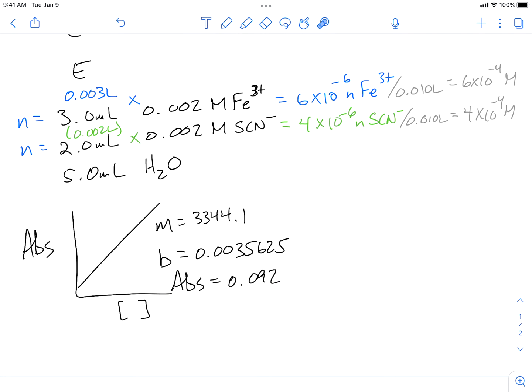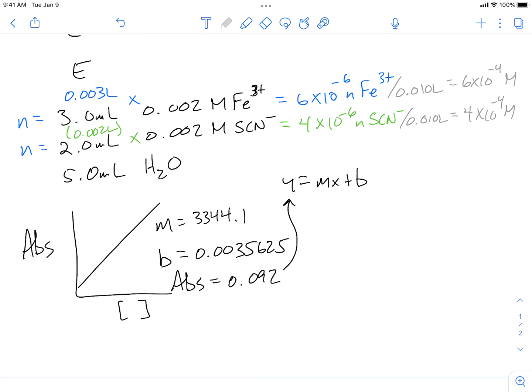Our slope formula is y equals mx plus b. We sub in our absorbance, which is on the y-axis, and we have our slope and our y-intercept to plug in as well. What's on the x-axis is concentration, which is what we're trying to find.